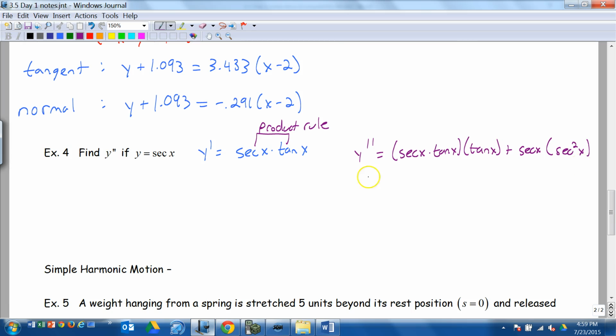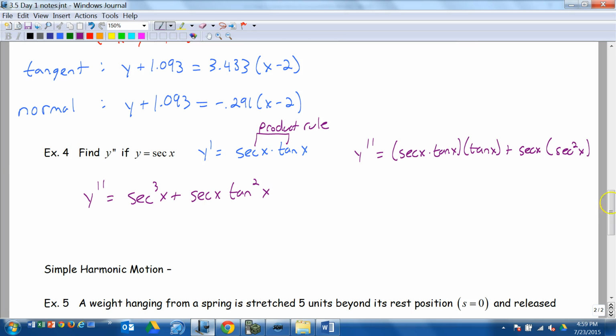Okay? Finally, just combine things and you get y double prime is equal to secant cubed of x plus secant x tan squared of x. That's where we're at.